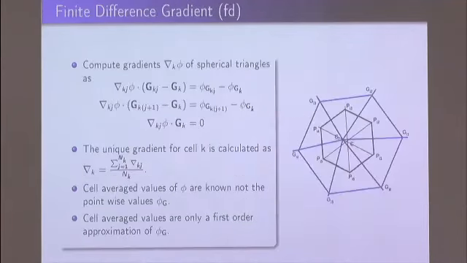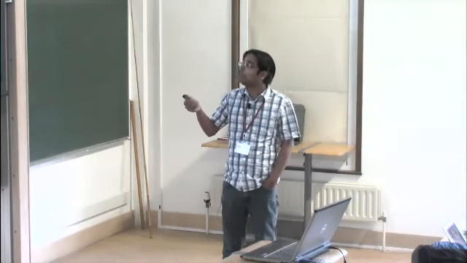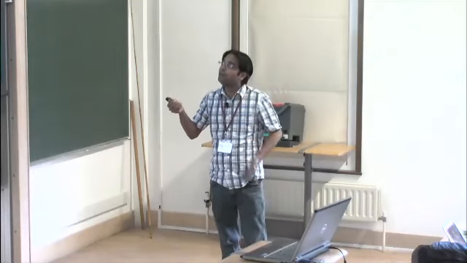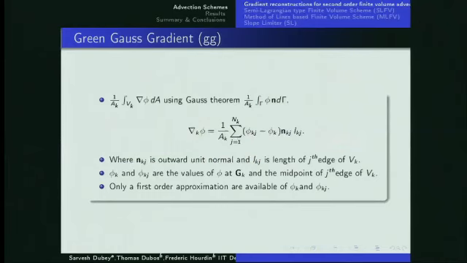Here we introduce this extra term to ensure that if our field is uniform over a sphere, the gradient of that uniform field vanishes. So this is an extra term which ensures that the gradient vanishes if we are using a uniform field.